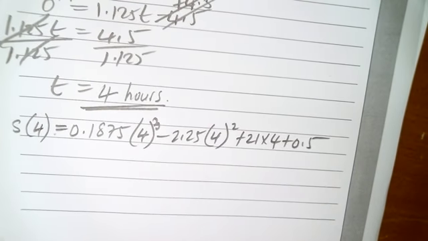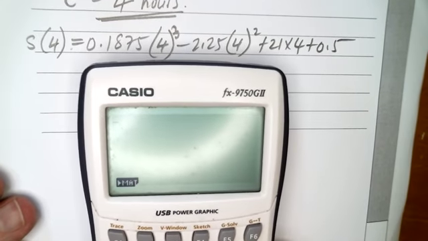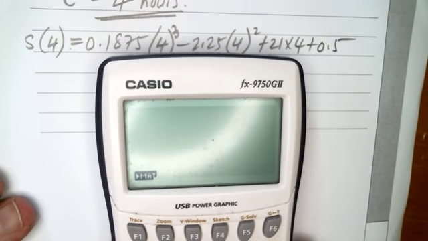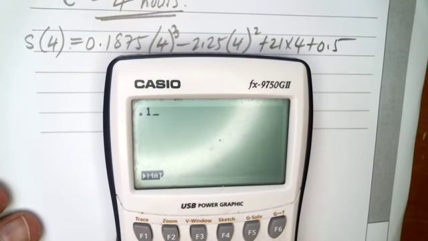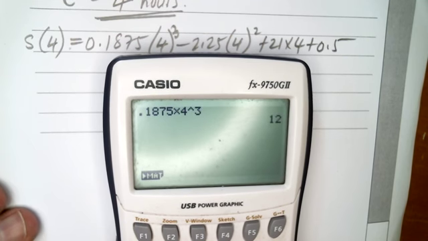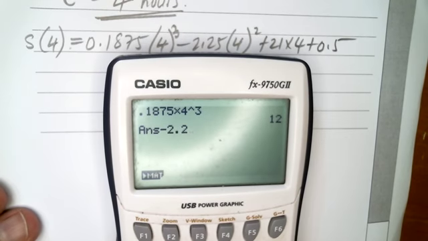Real mouthful. Let's plonk it straight in on the calculator. It's going to be 0.1875 times 4 to the power of 3, that's 12, minus 2.25 times 4 squared, equals negative 24.